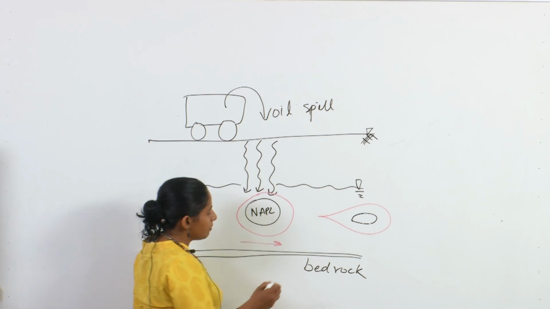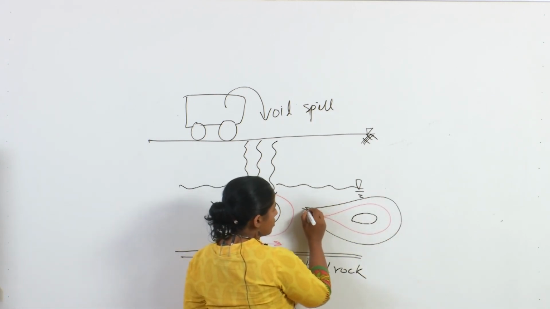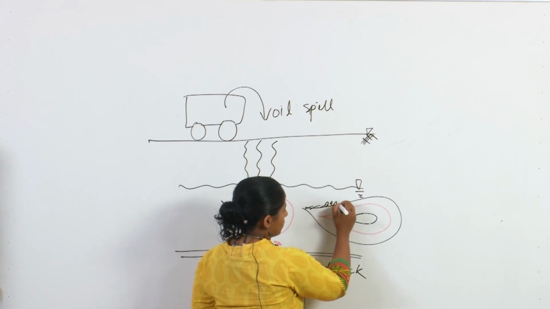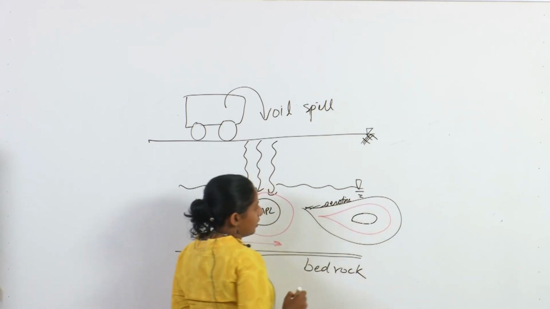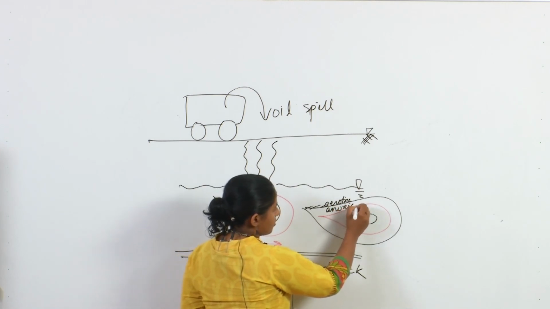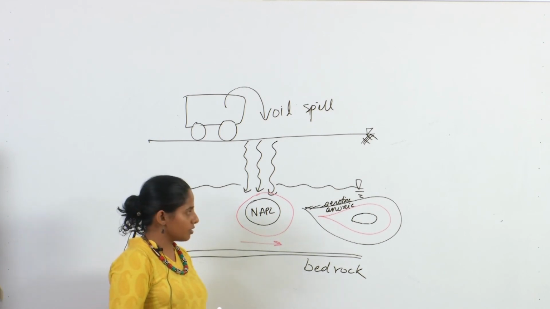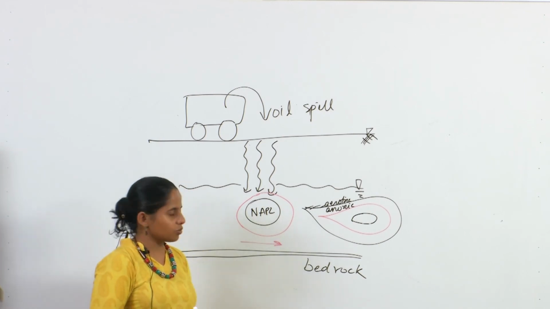So at the periphery of the dissolved plume we still have some oxygen left, so this will be your aerobic zone, and then you will have the anoxic zone. Now in the anoxic zone you might see nitrate reduction, iron reduction or sulfate reduction, and so on and so forth.